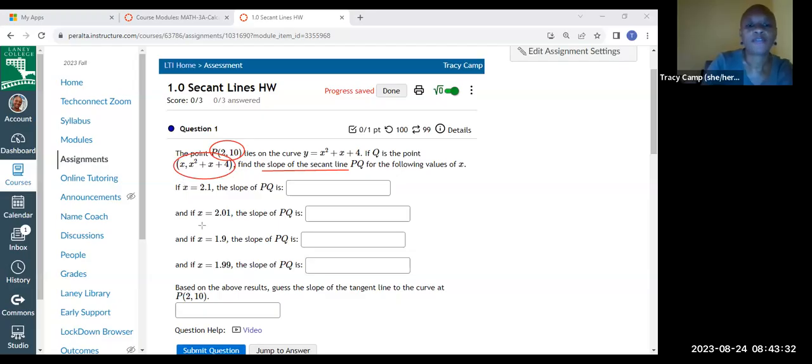For the different parts of the problem, there are 5 parts. The first 4 parts actually tell you what x value they want you to plug in for your x2. So the 2, 10, that's your x1 and your y1.